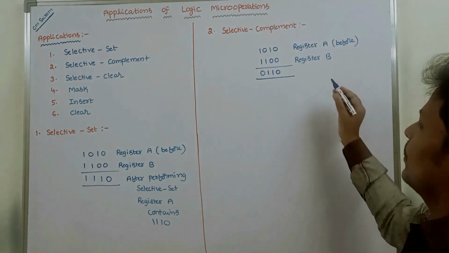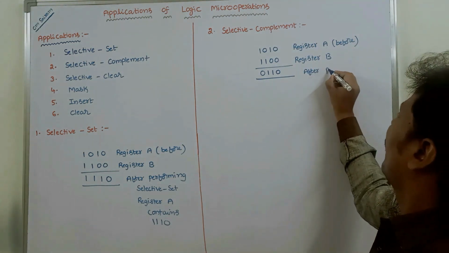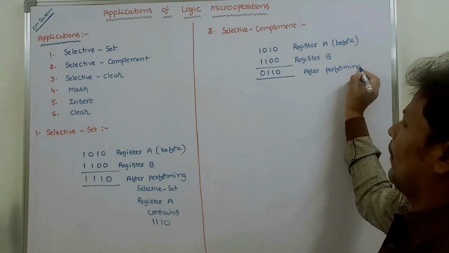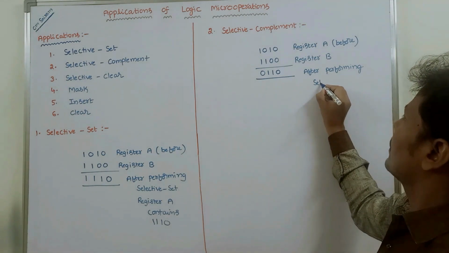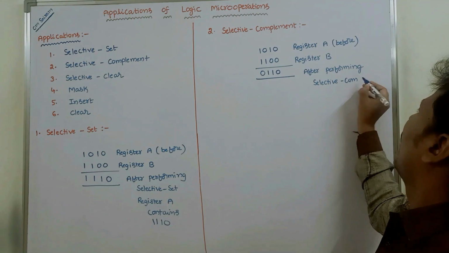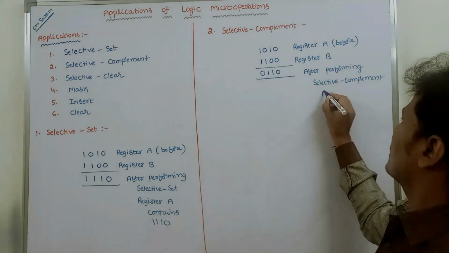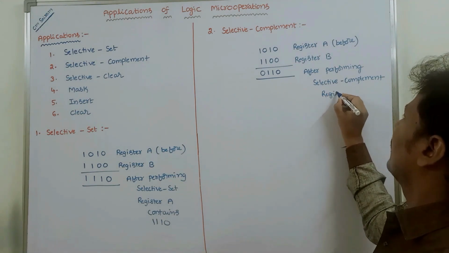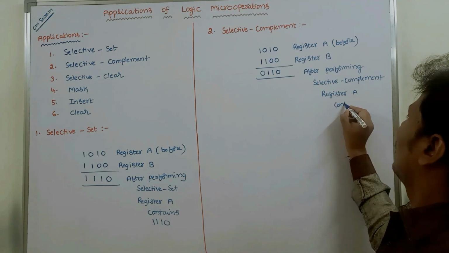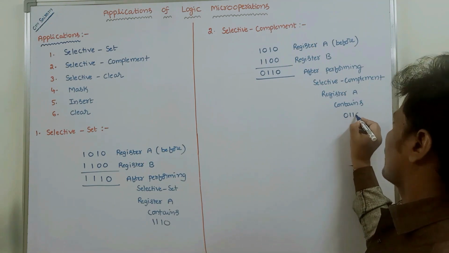So after performing selective complement, register A contains 0110.